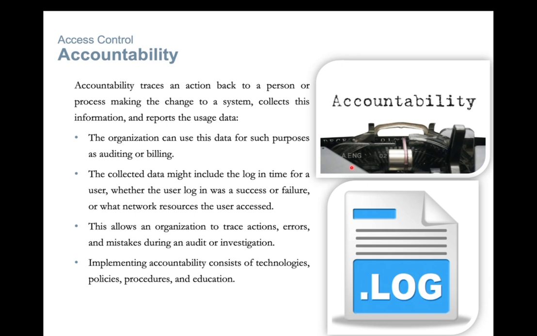The organization's policy and procedures spell out what actions should be recorded and how the log files are generated, reviewed, and stored. Data retention, media disposal, and compliance requirements all provide accountability.